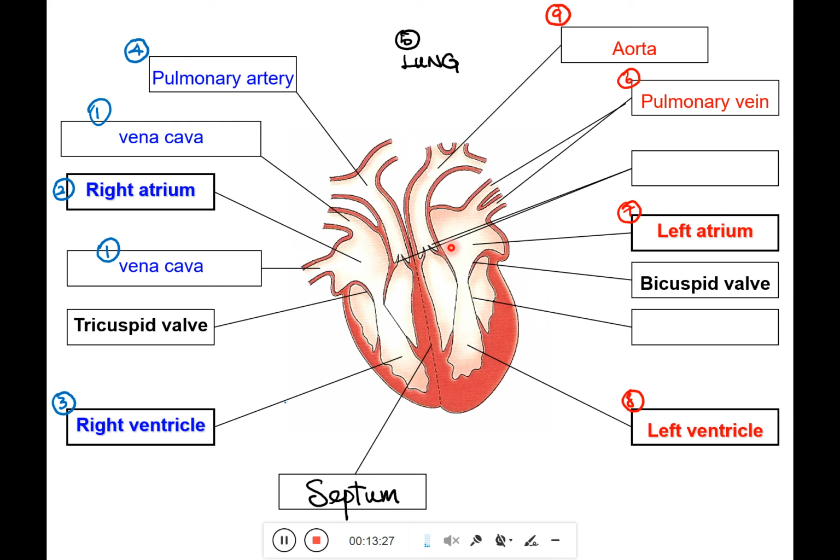But there is another kind of backflow that is possible. It happens when the ventricle relaxes. Now imagine the ventricle relaxes. Now the pressure inside the ventricle would be very low.